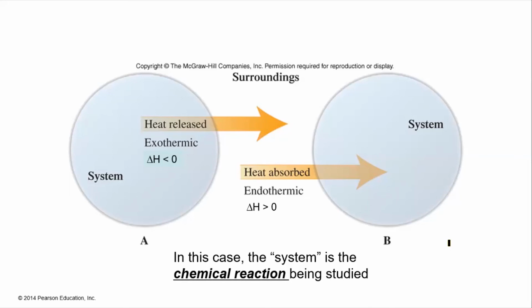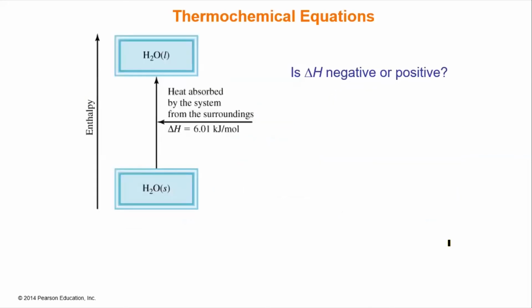So we can go back to our energy diagrams that we did before. I hope you remember these. For example, let's look at the melting of ice. If we measure the enthalpy change, we find that as ice melts, it absorbs heat from the surroundings, with a delta H of 6.01 kilojoules per mole.